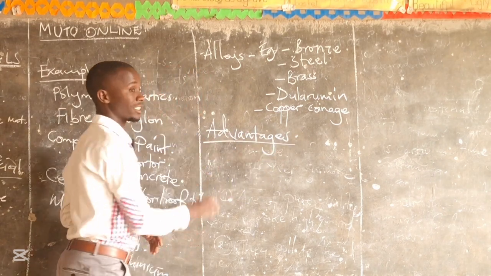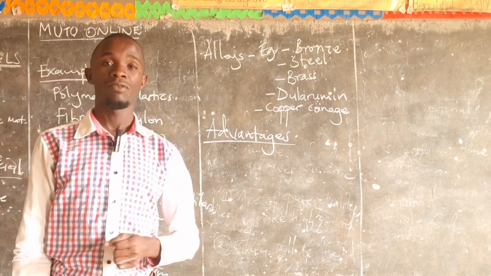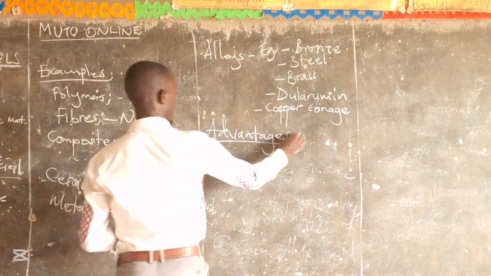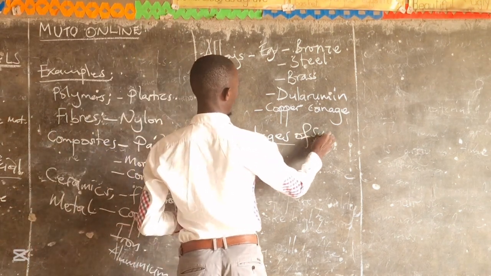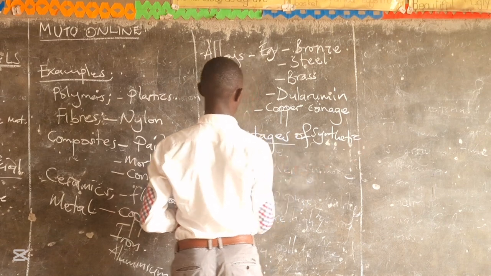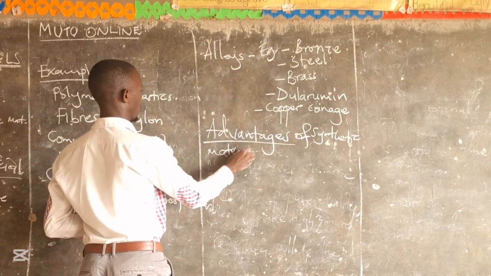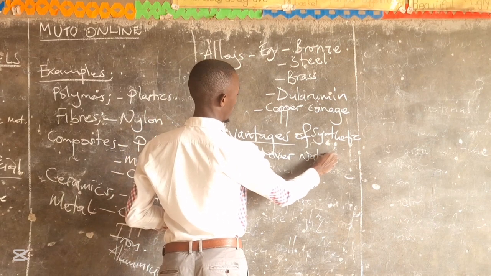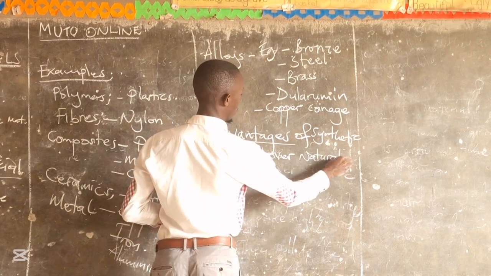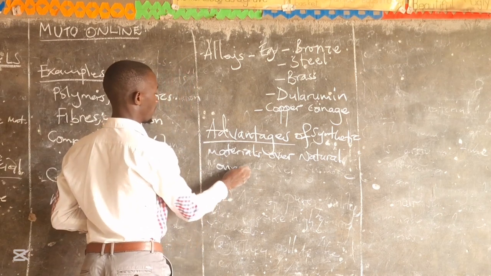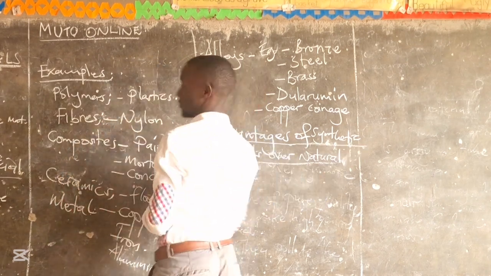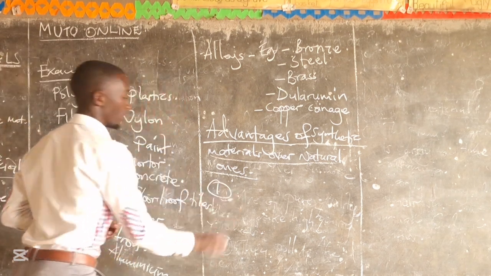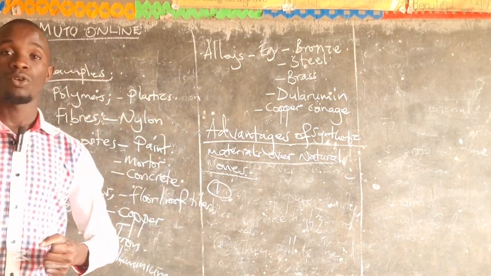They have advantages as to why they are used or more preferred for use than the natural ones. So some of these include: the synthetic materials are more resistant to corrosion.